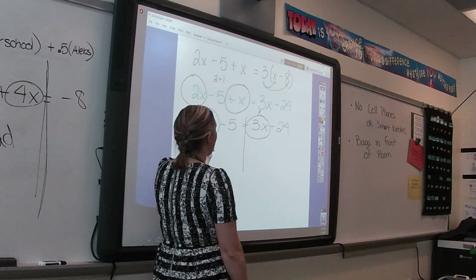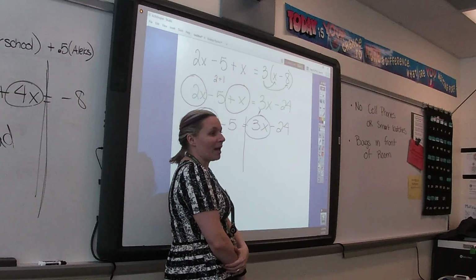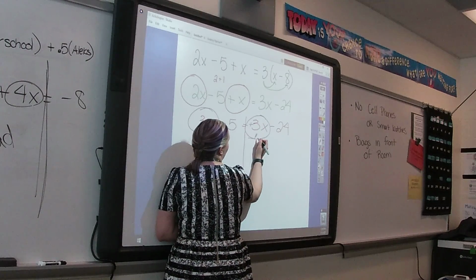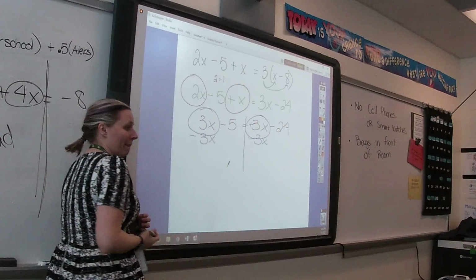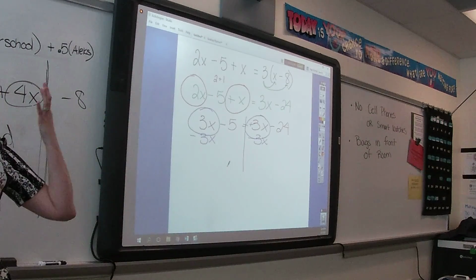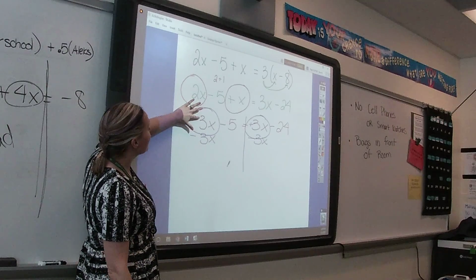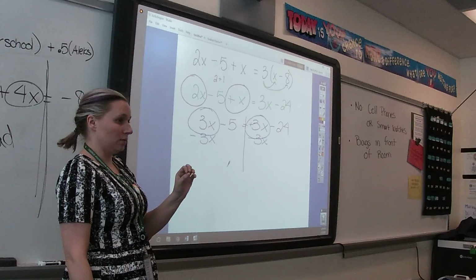Edgar, do you want to move 3x or do you want to move 3x? 3x, good choice. Okay, so we have a positive 3x. Again, we're writing that on each side. What is 3x minus 3x? 0.